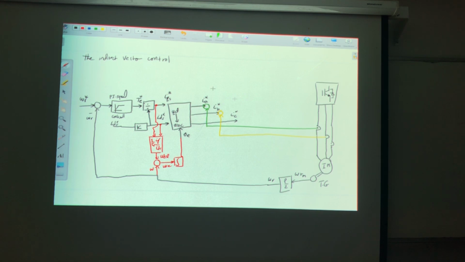And here, I will measure the phase C, and I will compare it with the actual current. So now, I will go to the hysteresis current control.